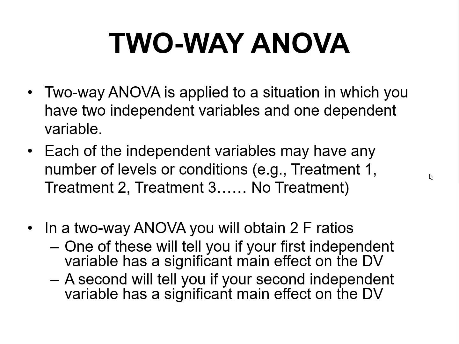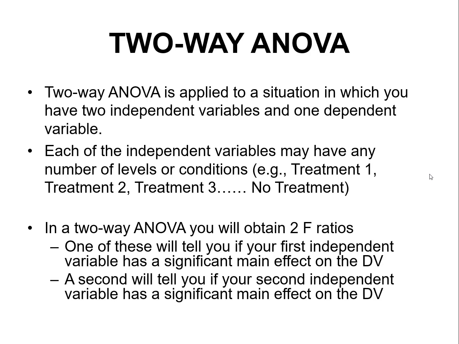In a two-way ANOVA, you will obtain two F ratios. Definitely, because in one-way ANOVA, we obtained only one F ratio because that was a comparison of one dependent and one independent variable. Now we have two independent variables and one dependent variable. So in the first instance, we will check the impact of the first independent variable on the dependent variable, and the second F ratio will show us the effect of the second independent variable on the dependent variable.